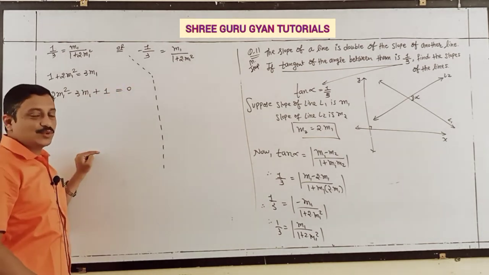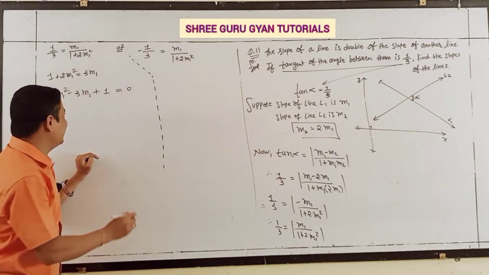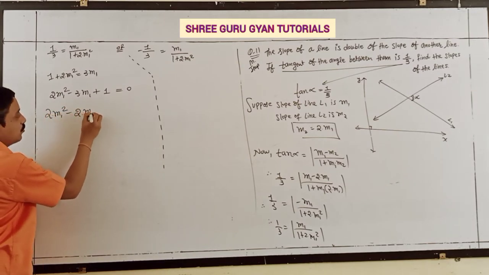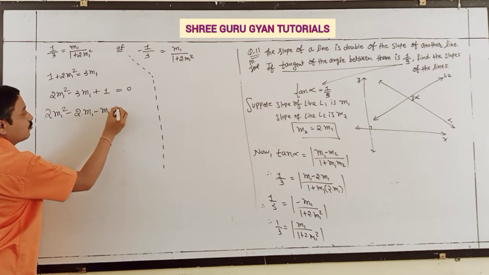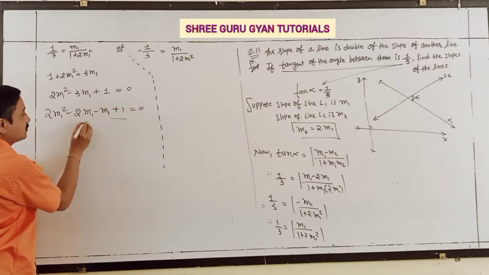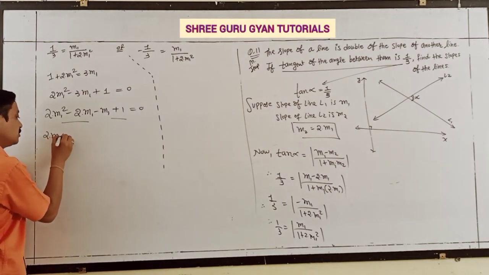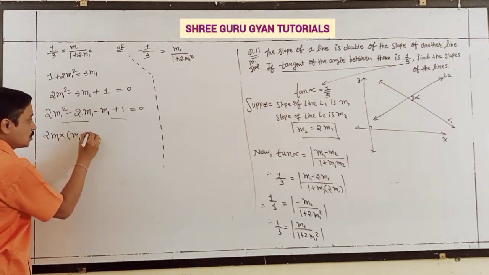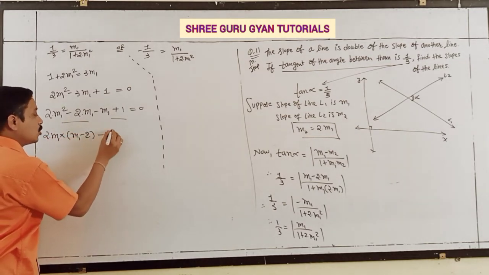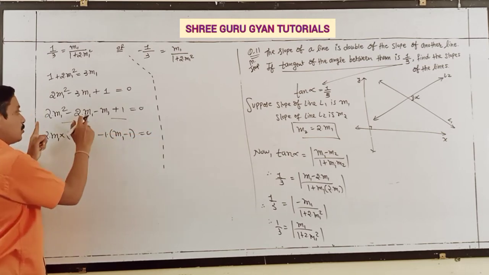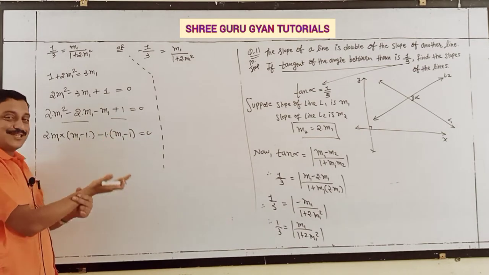Now splitting: two ones are 2, I get 3. So 2m1 square minus 2m1 minus m1 plus 1, and taking 2 common, 2m1 common we get m1 minus 1, similarly minus 1 common, m1 minus 1.